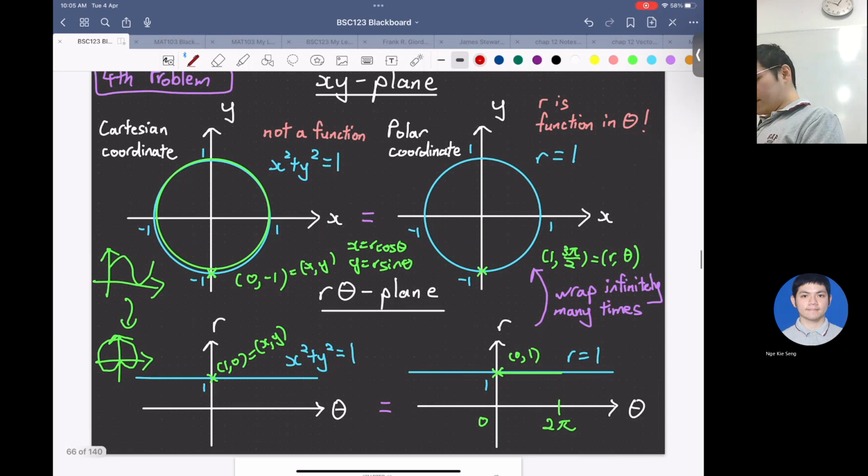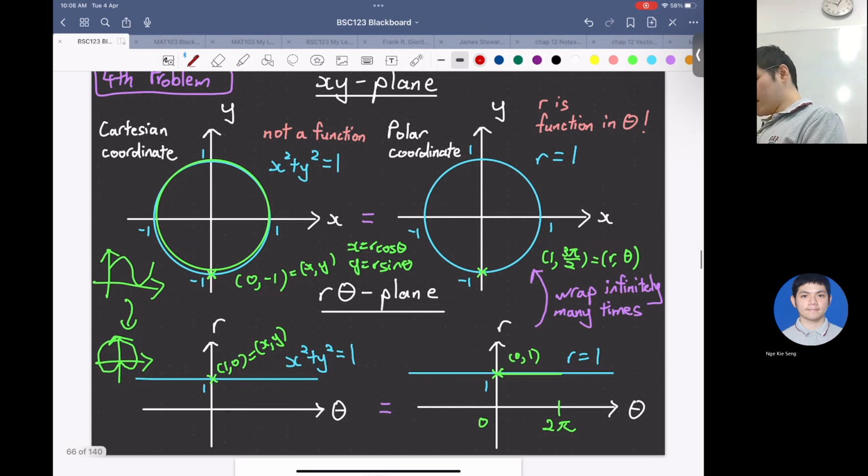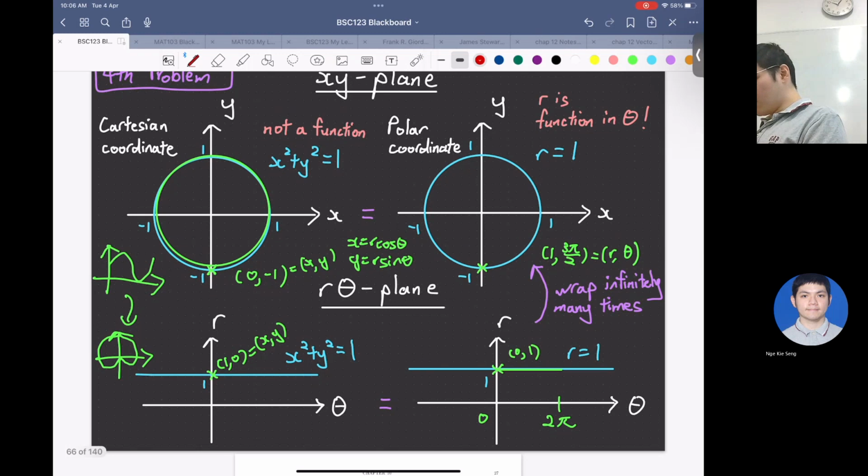These two are actually the same diagram, just with a different description. But if I plot this in terms of the polar variables, then the graph changes. Same description, same diagram, because I draw on the same plane. But if I draw on the plane that describes this coordinate, the graph changes.